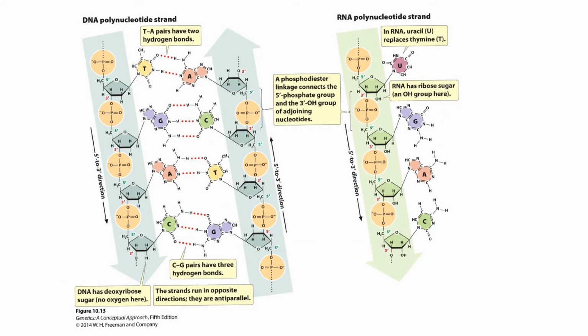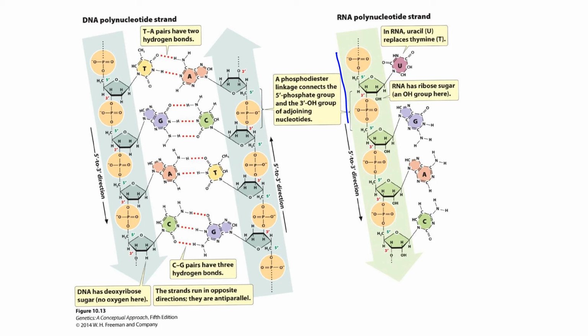So let's review again the primary structure of DNA. The primary structure of DNA refers to the sequence of nucleotides connected by covalent bonds and forming chains of DNA and chains of RNA as well. The nucleotides are connected together by so-called phosphodiester linkage, which is a covalent bond.